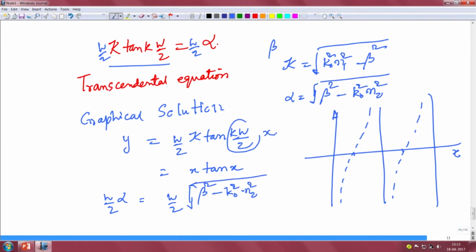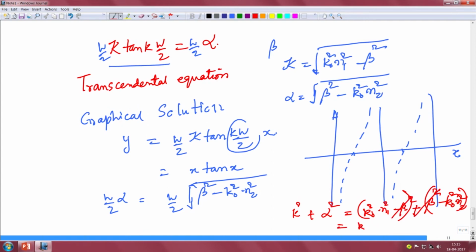If I add k square and alpha square, I get k0 square n1 square minus beta square plus beta square minus k0 square n2 square. So, the plus beta square and minus beta square cancel, and we get k0 square n1 square minus k0 square n2 square, or k0 square into n1 square minus n2 square.